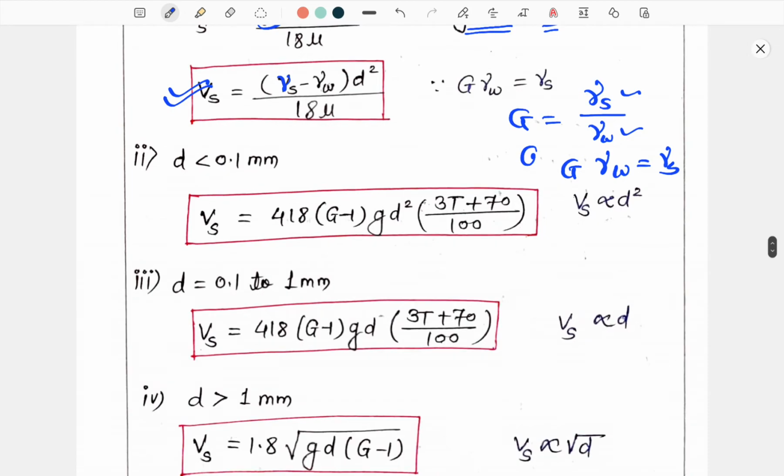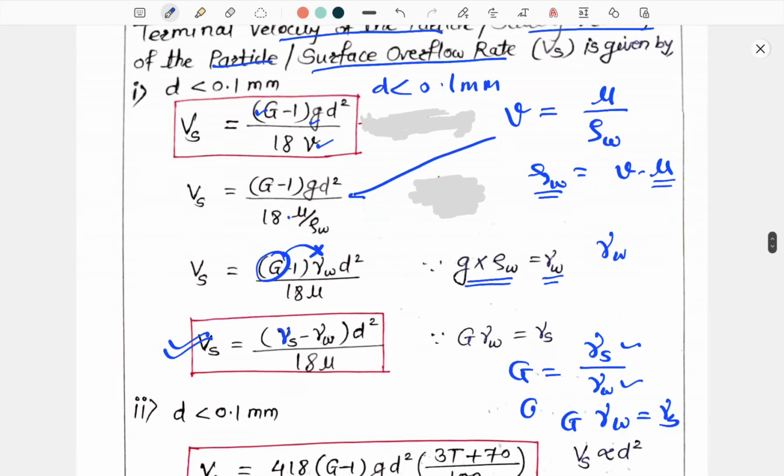Next formula. Here also note that the condition is applicable when d is less than 0.1 mm and laminar flow condition.